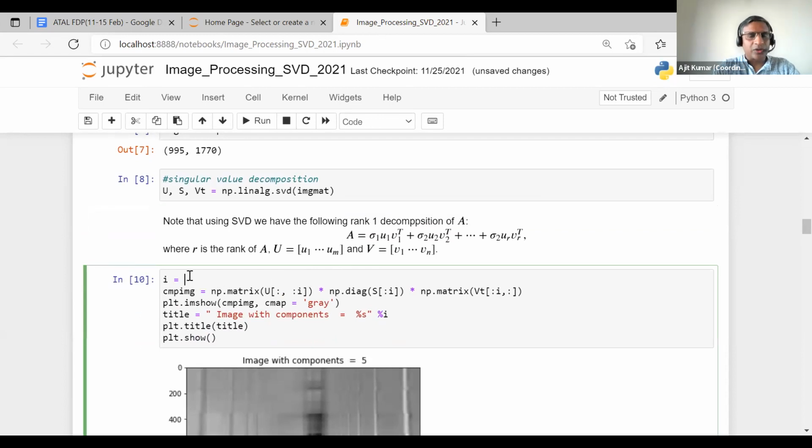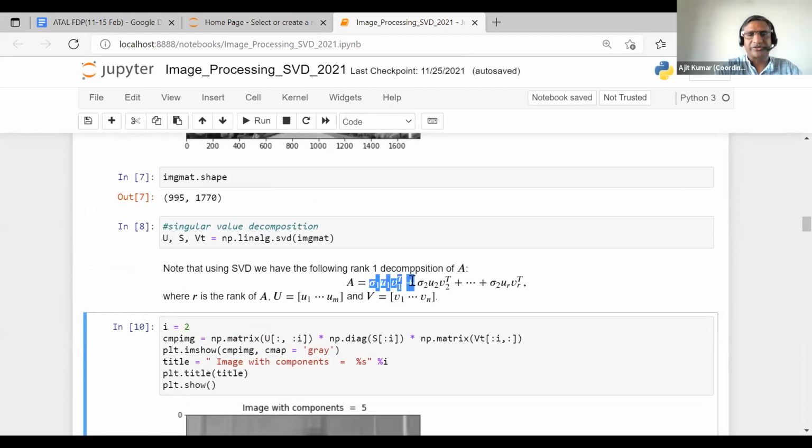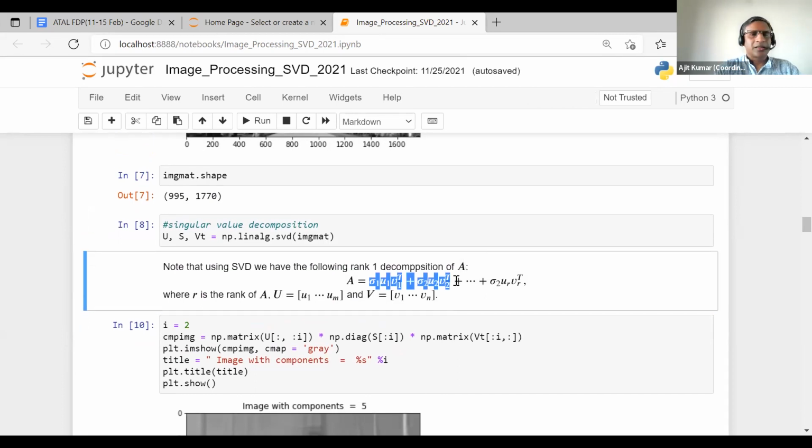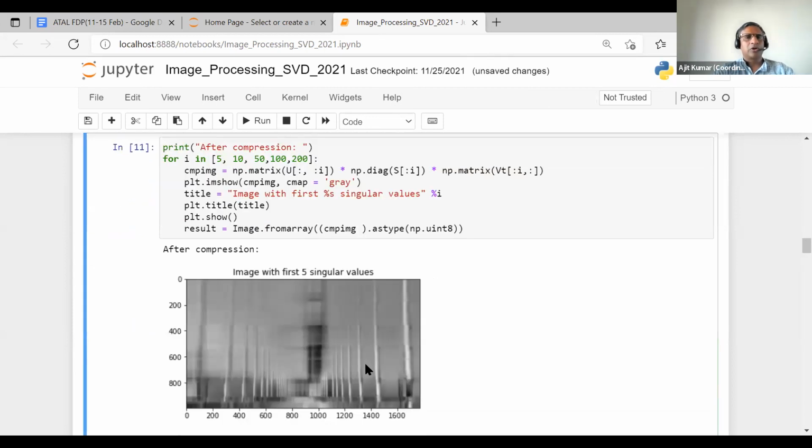Right. Now, if I take only the first two components of this sum, and then try to plot. So what we are doing is: take only the first two columns of U, then the first two rows of S, and then the first two rows of matrix V transpose, and then plot this.